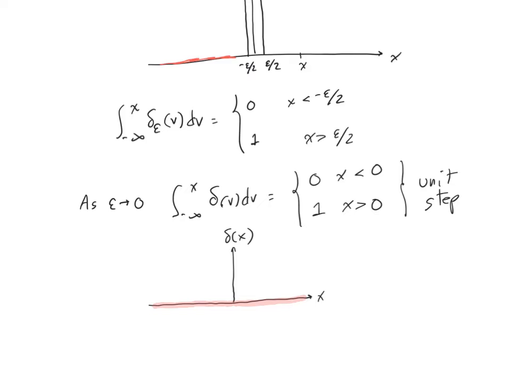But in fact, at x equals 0, it's infinite. And it's infinite in this special way such that if we integrate this thing, and include this infinity, the value of that integral is one, because in fact it's the limiting case of delta epsilon of x, which always has area under the curve, under the impulse, equal to 1.